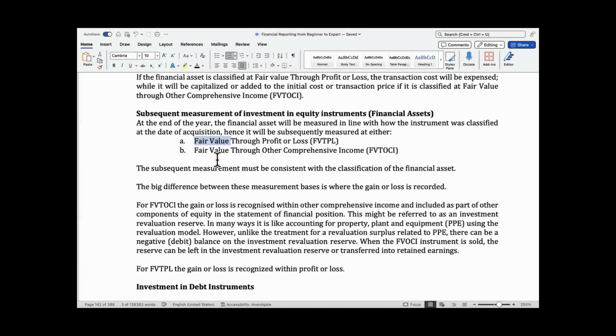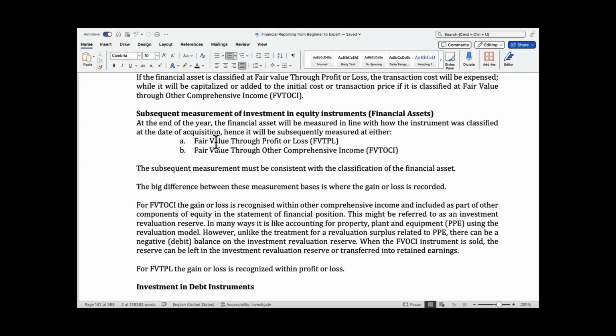So at the end of the year, you must always check the share price of that company you bought shares in, and it is on that basis that you measure your shares. At the end of every year the share price will change, and the fair value at which you recognize it in your books will change.